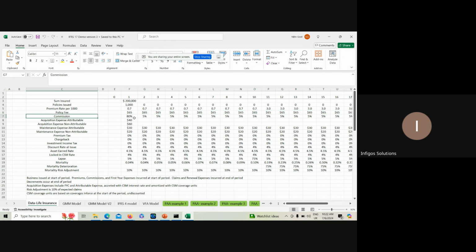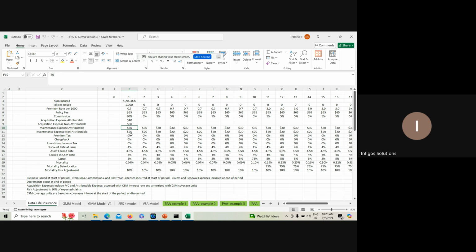This is the commission. This is acquisition commission. This is renewal commission. This is the expense which is attributable to acquisition. This is expense which is not attributable to acquisition. This is maintenance expense.